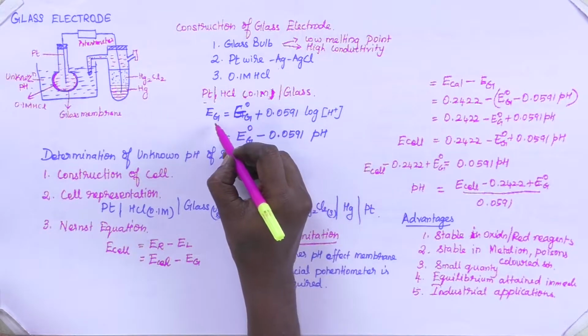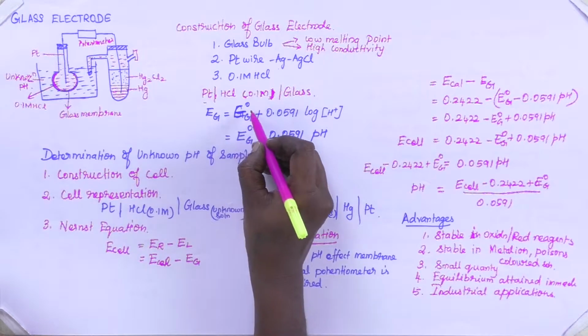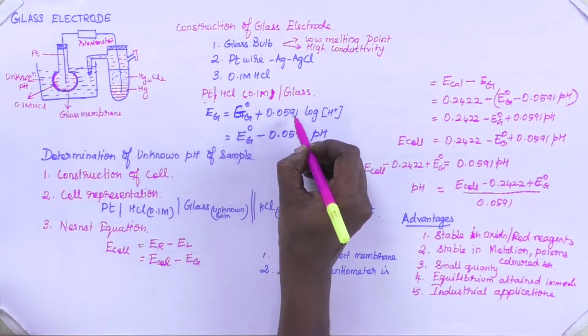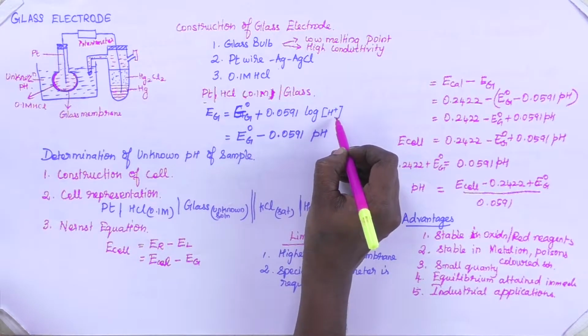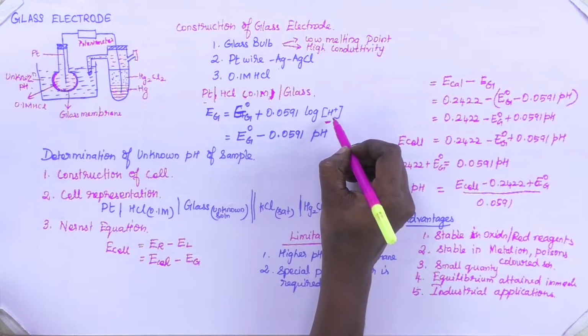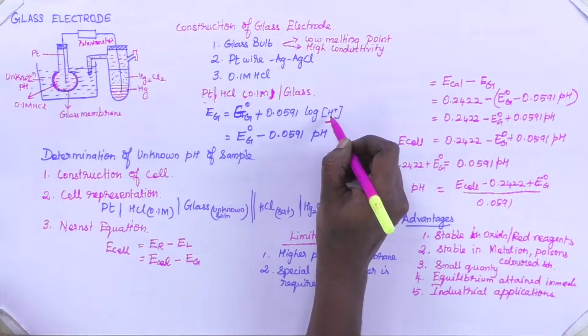Now we are going to write the Nernst equation for this glass electrode. E_G equals E naught G plus 0.0591 log of H plus ion. Here we write only the product part, that is the H plus ion.